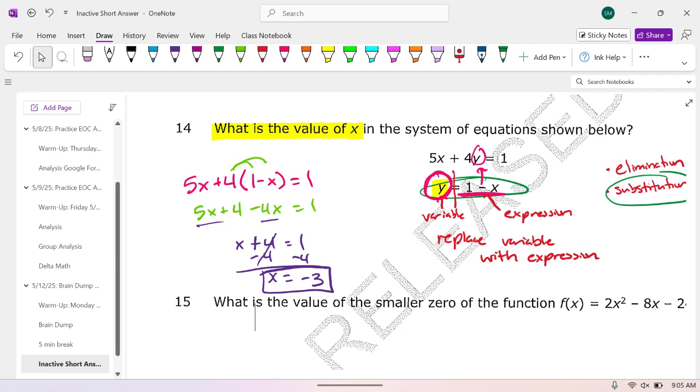Flip it back over. All right, go ahead and turn them into the box. Make sure your name is on it. That's one person.